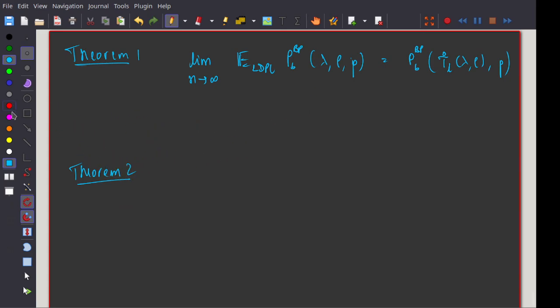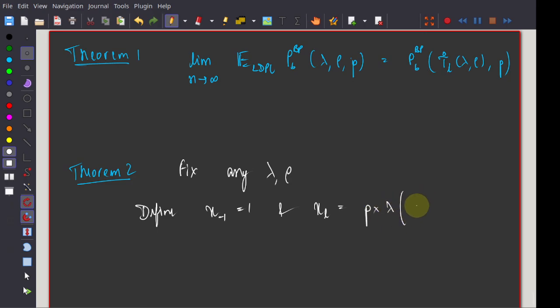So basically, you fix any degree distribution, lambda and rho, and define x minus 1 to be equal to 1, and let xl be equal to p times lambda of 1 minus rho of 1 minus x(l minus 1), for l equal to 0, 1, and so on.